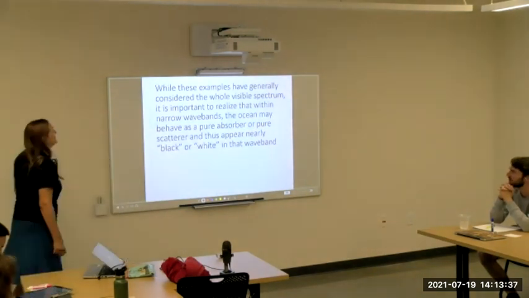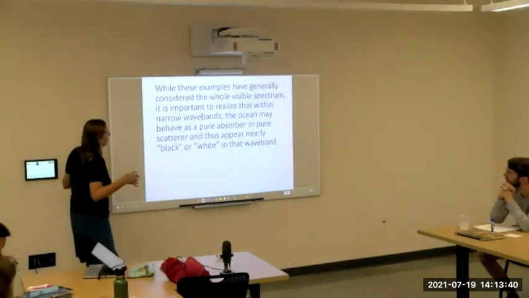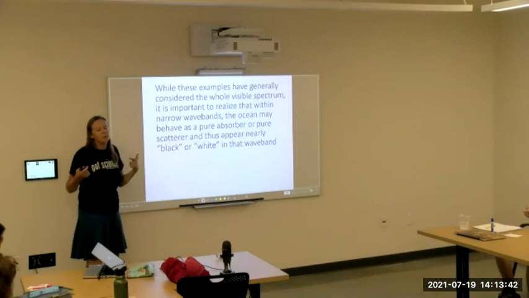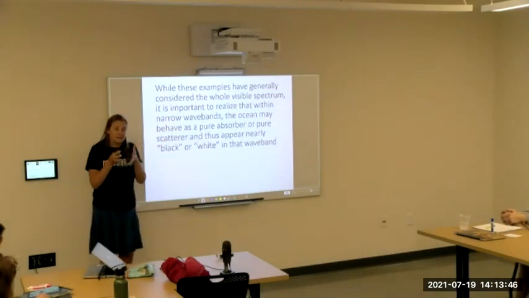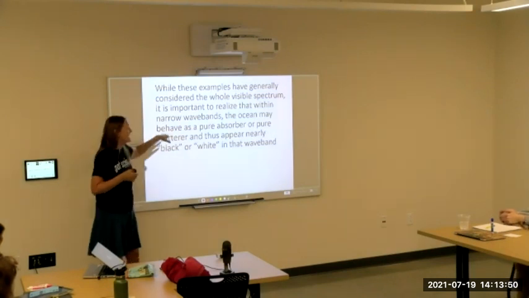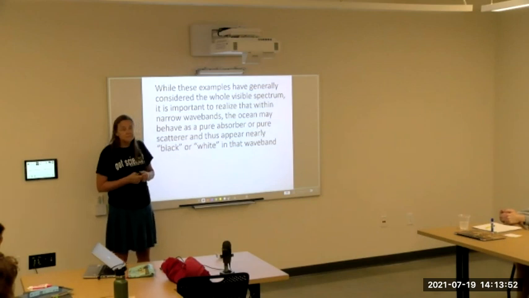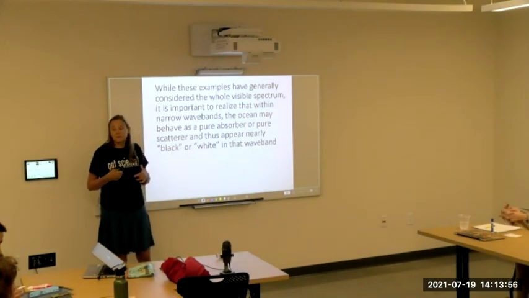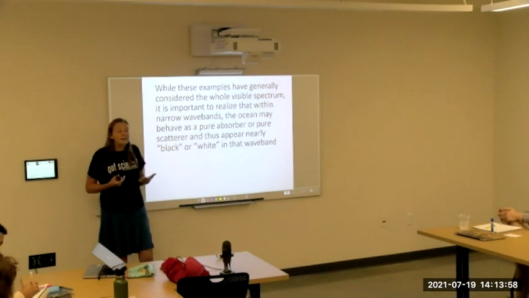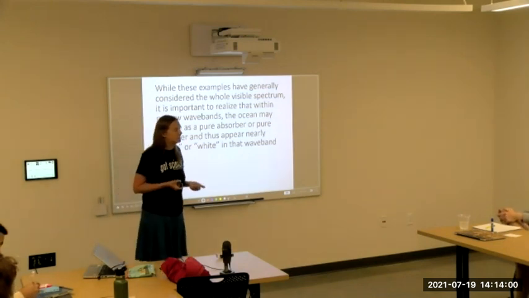Okay, so these examples, I've been talking about the whole visible spectrum, but I think what's really important is to understand that within narrow wave bands, certain wavelengths, the ocean may behave as a pure absorber, where absorption is so high and scattering is so low that you can model it in that wave band as an absorber.